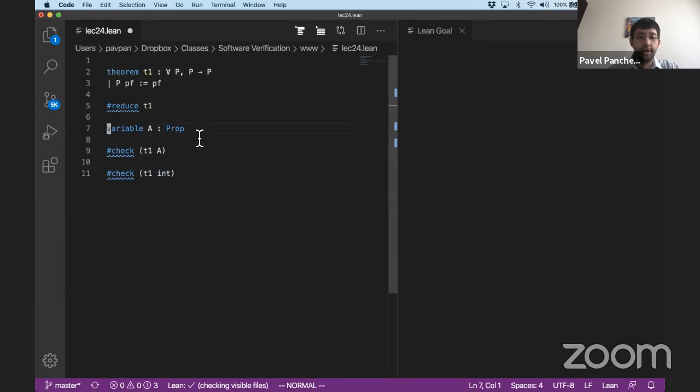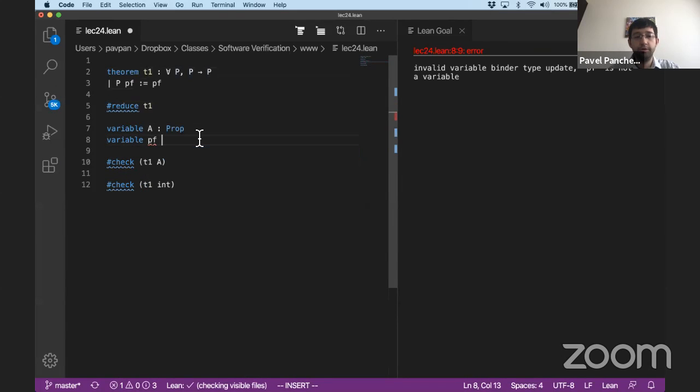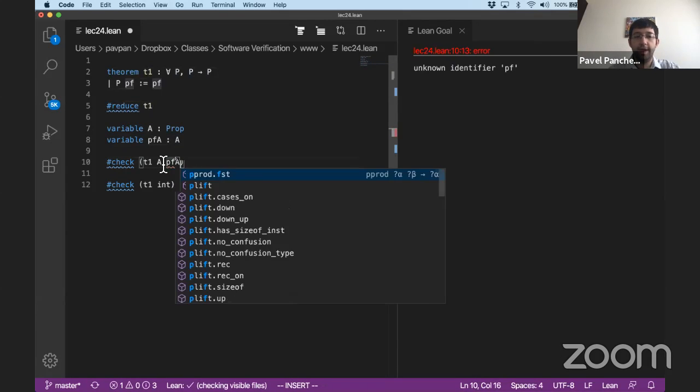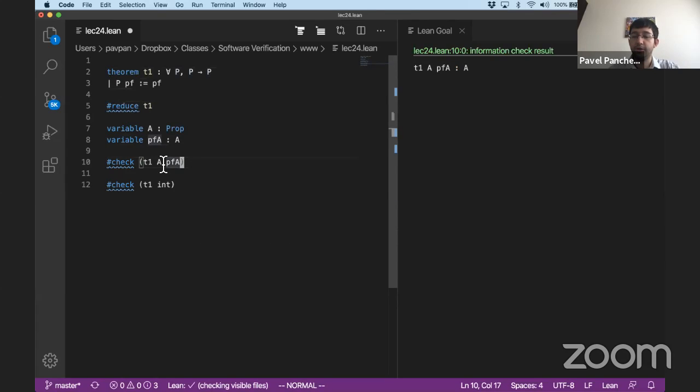And in fact, we can say if we have a proof of A, we can apply T1 to A and our proof of A, and it'll return a proof of A. But we can also apply it to T1 and 3, and it'll return an integer.